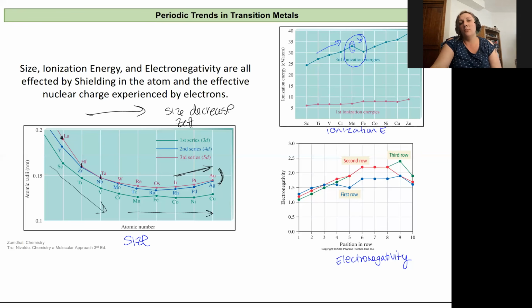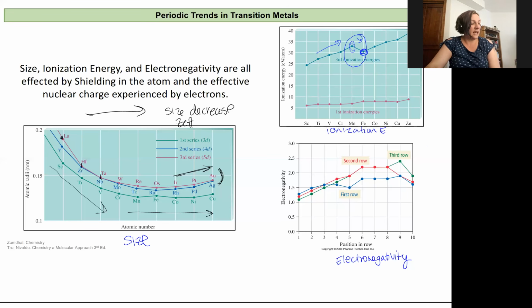And so removing that electron from the d orbital actually loses the stability that comes with being half-filled. And it's easier to remove that electron for iron because it has 6 d electrons. And if it removes one of them, it actually becomes half-filled. And so it actually gains some level of stabilization from that. So it's easier to remove a d electron for iron than it is for manganese.